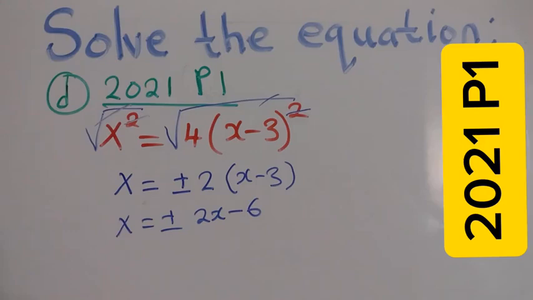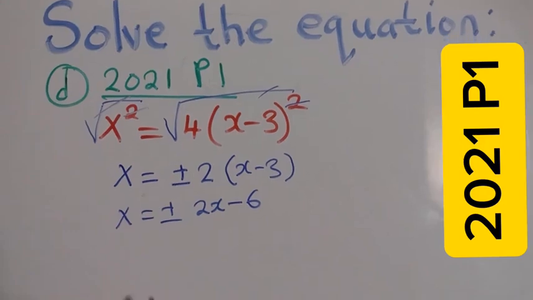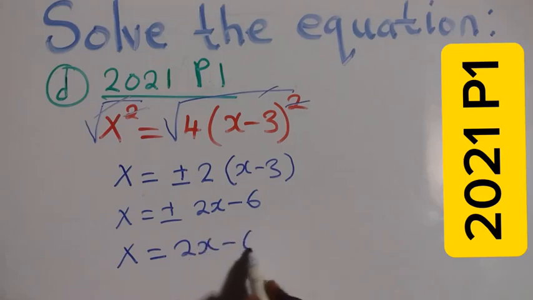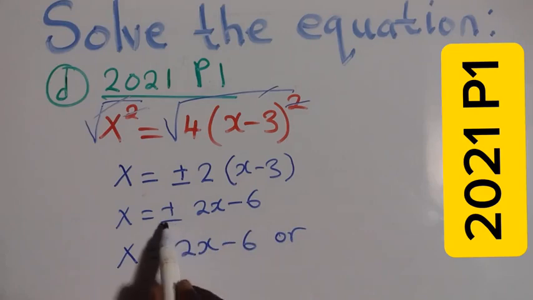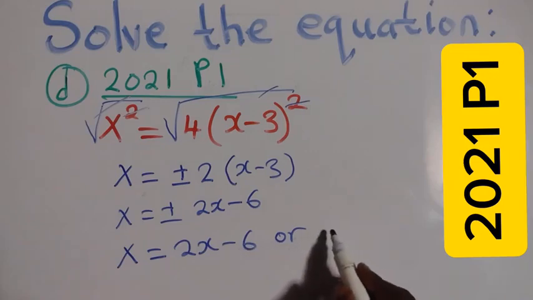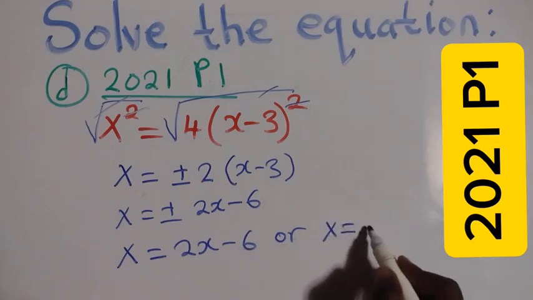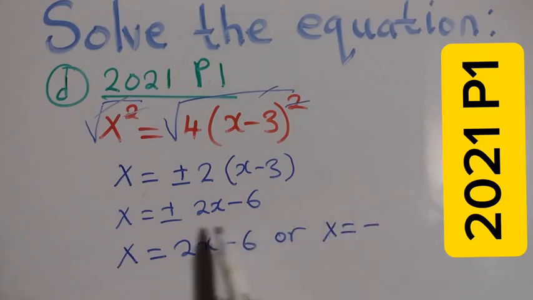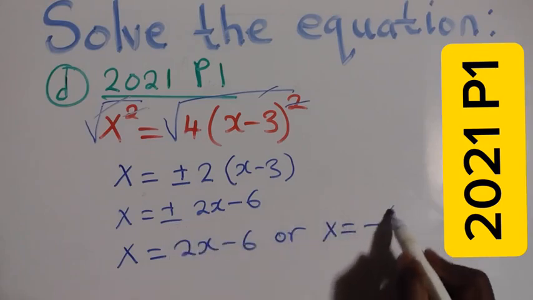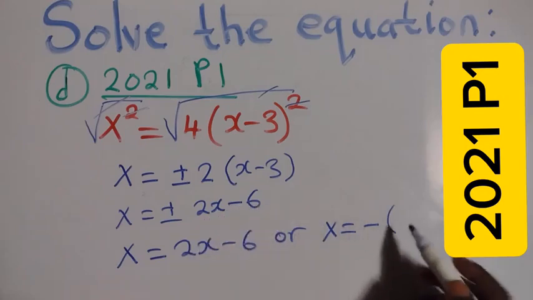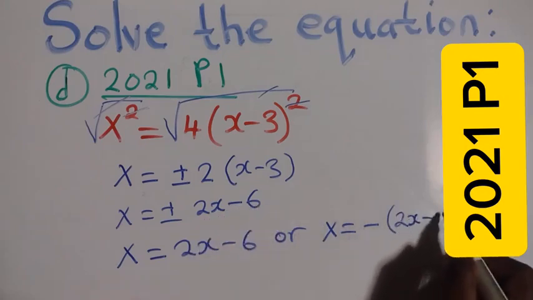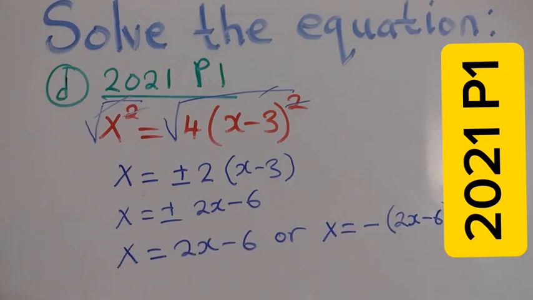Then from here, since we want to find the value of x, we can do this. We can say x is equal to plus 2x minus 6, or, since there is plus or minus, I've gotten the first positive value, then the second one I'll get a minus. Or we can say x is equal to negative, so this negative will affect 2x minus 6, so put it in brackets, 2x minus 6, like this.